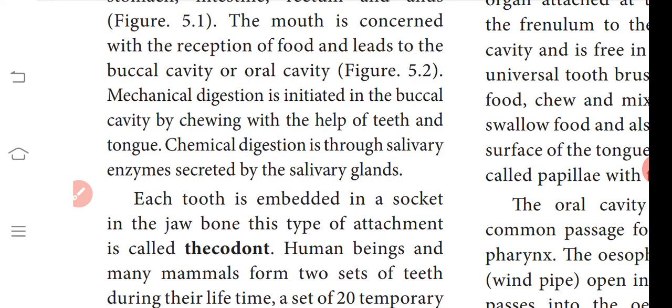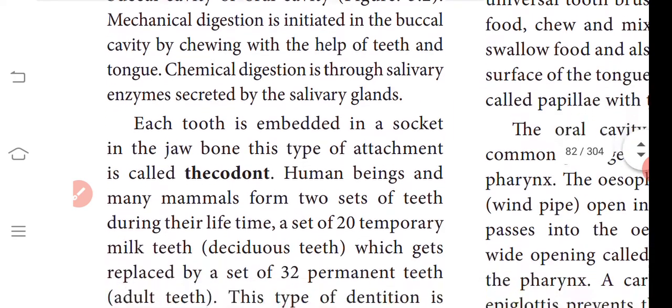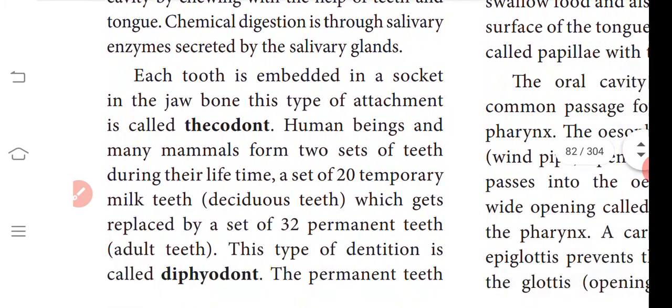There, mechanical digestion is initiated by the process of chewing. Chewing is done by our teeth and helped by the tongue. Chemical digestion also occurs in the mouth using the enzymes produced by the salivary glands.